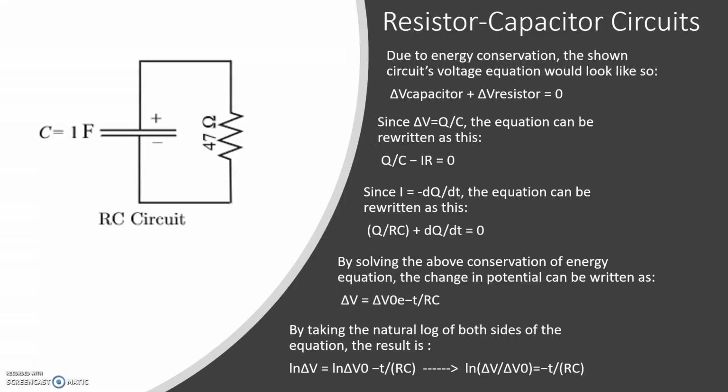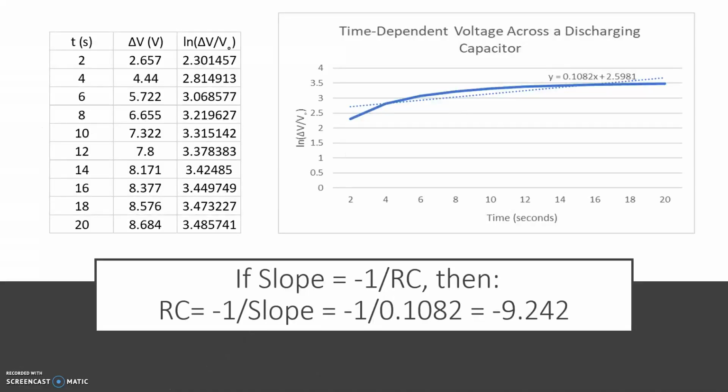When putting the time and RC on one side and the delta V and delta V naught on the other, you can see that there is a relationship between the natural log of the potential difference over the initial potential difference and time over the time constant. If slope is equivalent to -1 over RC, then RC, or the resistance times capacitance, is equal to -1 over the slope.